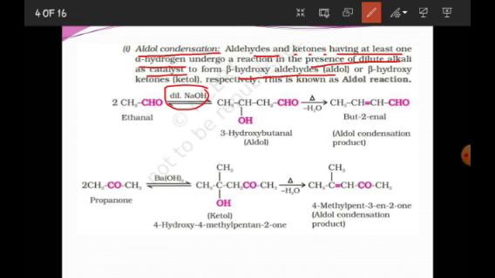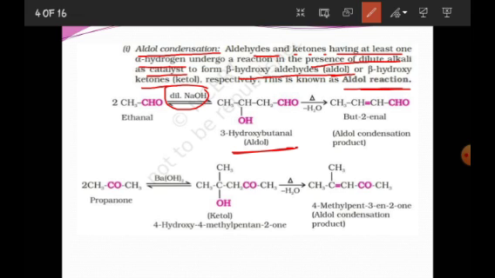These compounds, beta hydroxy aldehydes, are known as aldol, or beta hydroxy ketones. If we take ketones, then it is called ketols, and this reaction is known as aldol reaction.